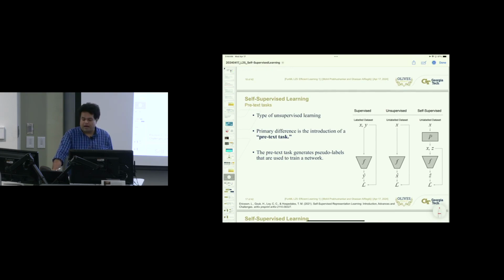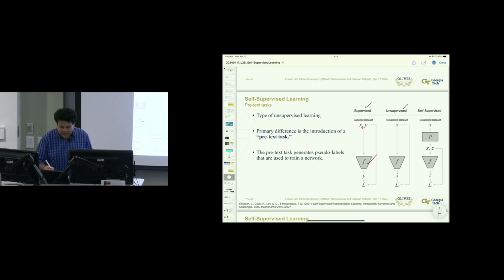We can answer that question by thinking about how it's different from existing paradigms of learning, or the paradigms of learning that you have learned till now, which are supervised learning and unsupervised learning. In supervised learning, it's very traditional, it's straightforward. You have X and Y together. In other words, you have X, which is your data, and Y, which is your label, both of them together.